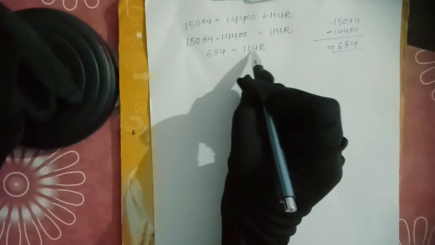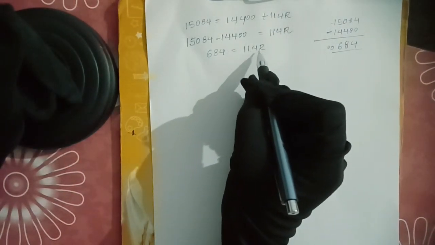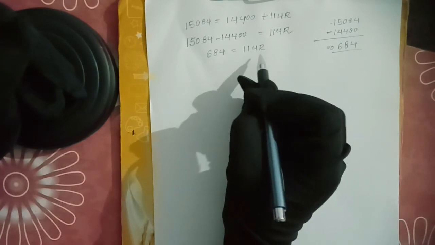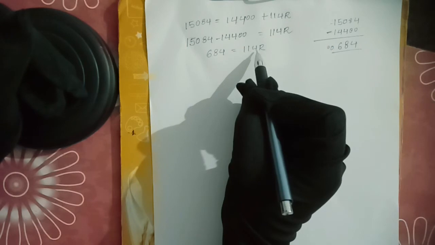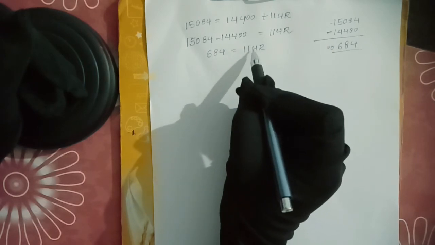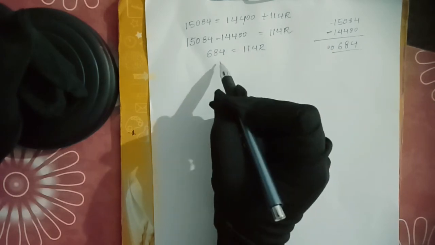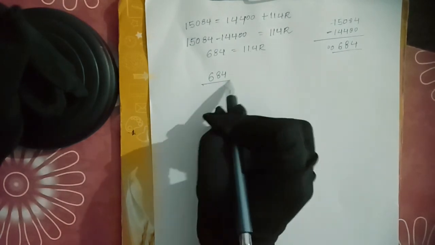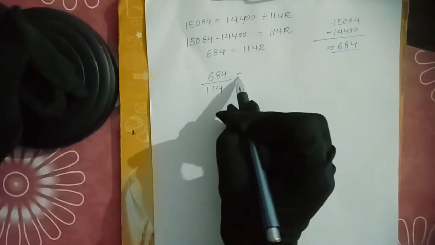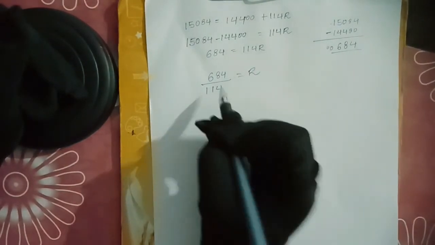So it is 114 into R. If it is 114R, which means 114 is getting multiplied with R. If a number is getting multiplied over here, when it transfers to the other side, it would get divided. So 684 by 114 is equal to R.